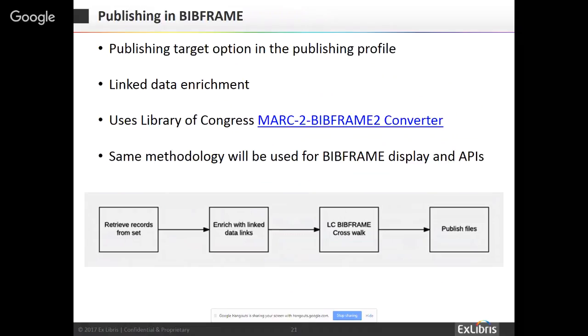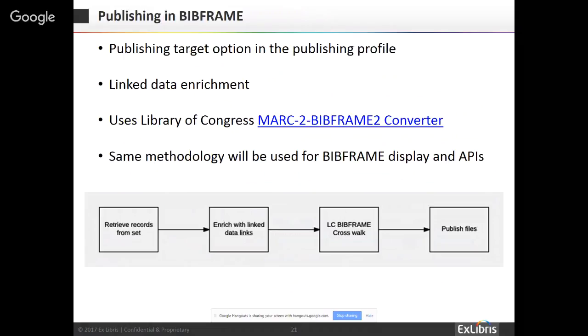And really, with the release of BIBFRAME publishing and the API, which I'll talk about in a moment, in Alma, it makes available in BIBFRAME a huge number of bibliographic records. So really, any customer today who is in Alma, their entire repository can be exposed either via publishing or via APIs as BIBFRAME.